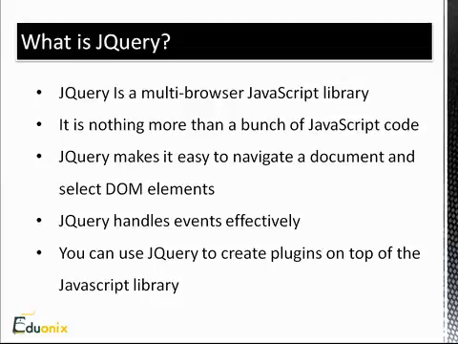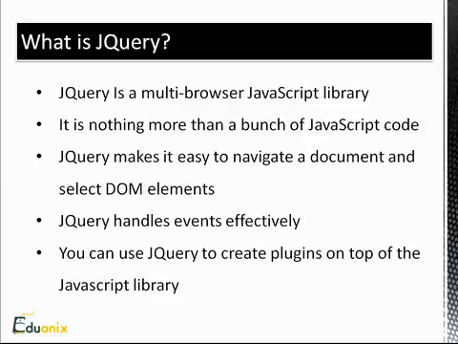jQuery makes it easy to navigate a document and select DOM elements. Now DOM stands for Document Object Model, and all the elements in a website and browser are DOM elements. The body tag, an H1 tag, the browser window itself, everything.